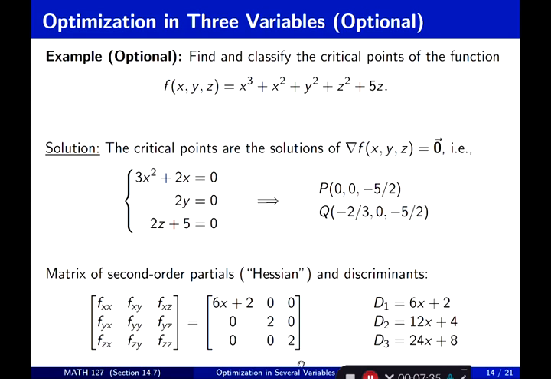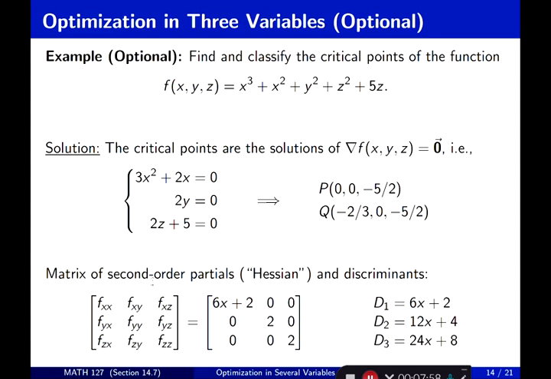When you find all these determinants, they are very easy because they're basically diagonal matrices, and finding the determinant is easy. And when you find the determinants, then you have to use the test. So we found D1, D2, and D3.